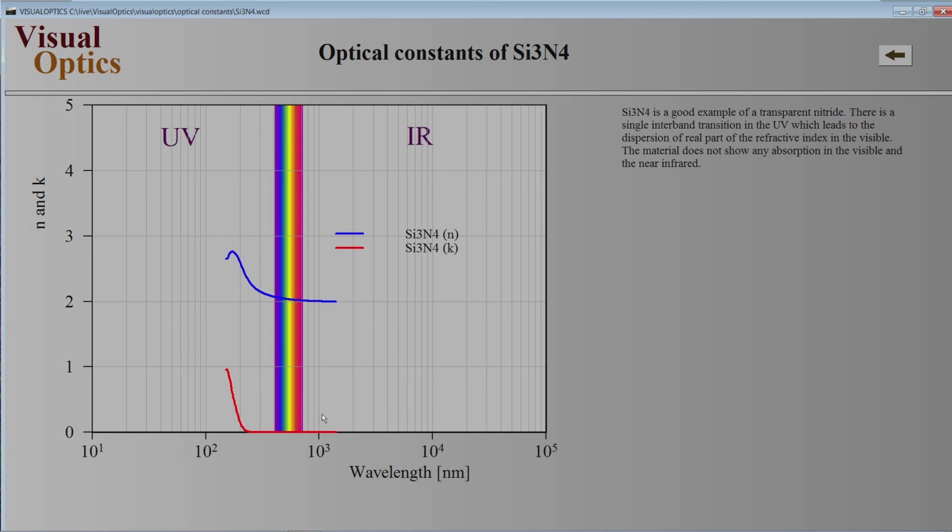And here K might not be really 0 as in the case of glass, but since we use silicon nitride usually in thin films, it doesn't really matter, and it's a good approximation to set K to be 0 in the visible in this case. So this would be called a dielectric material. N is significantly different from 0 in the visible. K is 0.